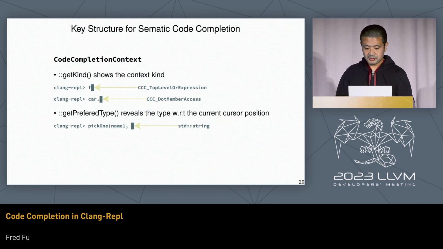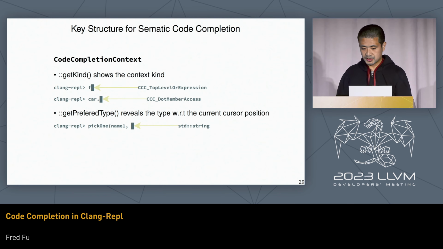Using its method getKind, we are able to tell what kind of code completion context we are in, and with the type obtained from getPreferredType, we can filter code completion candidates.